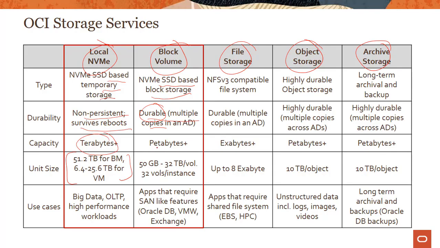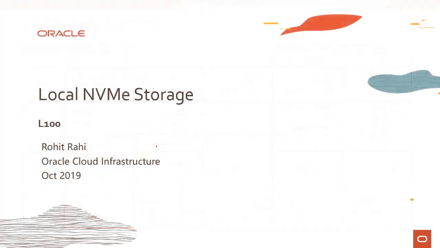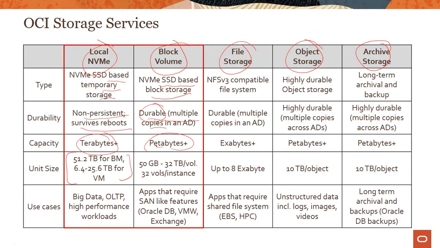The capacity can be in petabytes, much more than the capacities supported by local NVMe, and you can see some numbers right here. The use case here would be applications that require SAN-like features, whether it's Oracle database, VMware, Exchange, or any of these other applications which really require SAN-like performance.